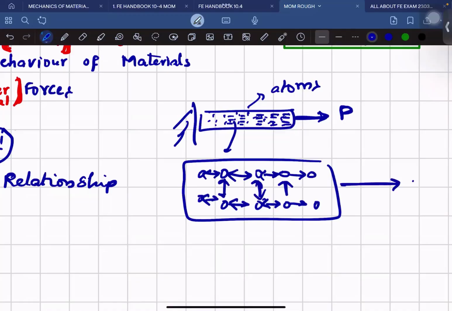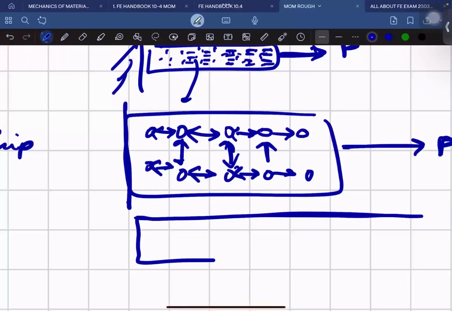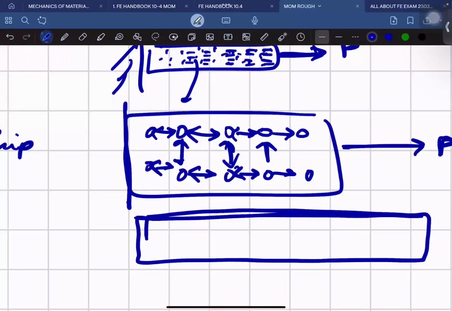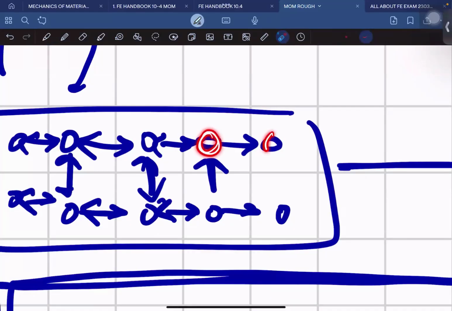When you try to pull this member, what happens? It tries to elongate, which we call deformation. When you try to elongate, you are trying to bring a gap between these two friends.